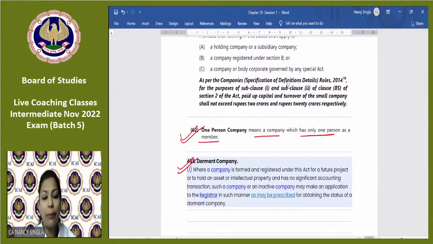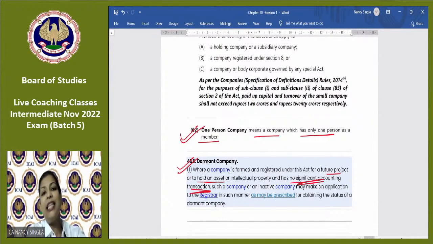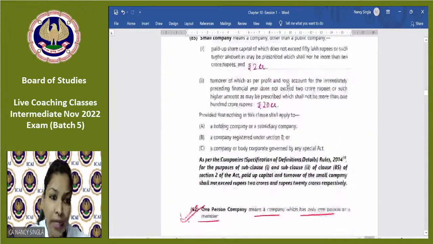Students, dormant companies are basically companies which do not have any business activity as such. They are registered for future projects or to hold an asset, and they do not have significant accounting transactions. So these are basically inactive companies, and they can apply to the registrar to convert their status to dormant company. When there is no transaction, there is no work, so as such there is no burden on the auditor. That is why these companies have been excluded when calculating the limit of 20 companies.